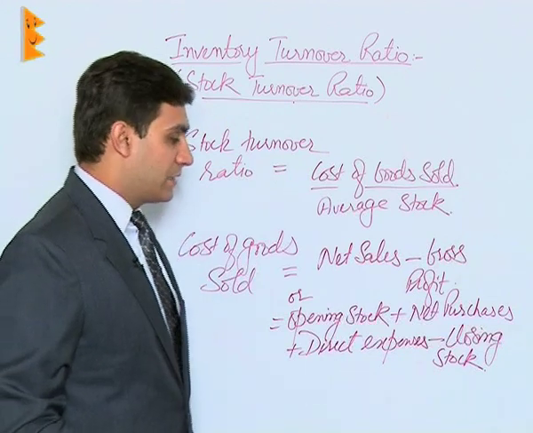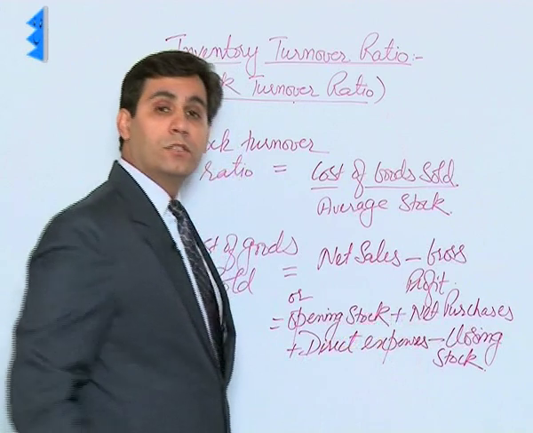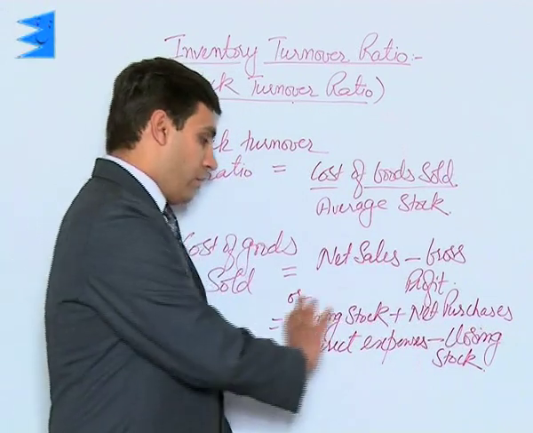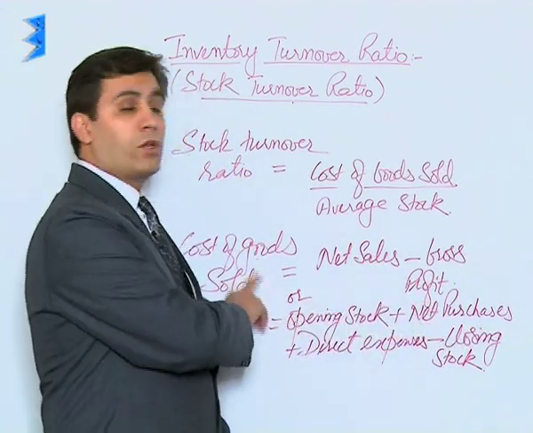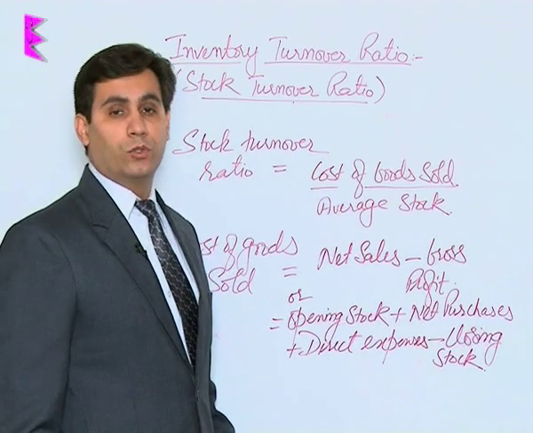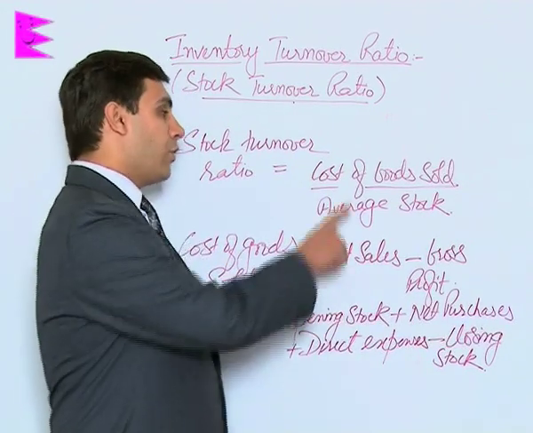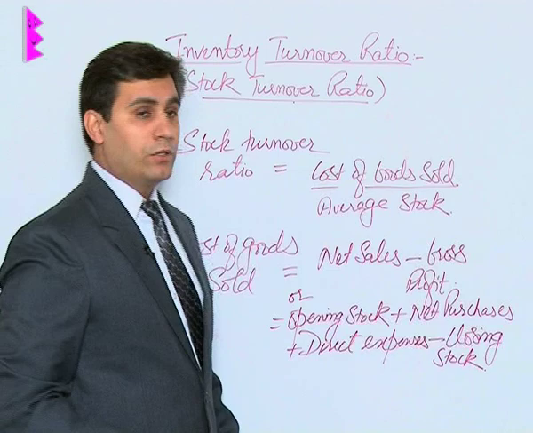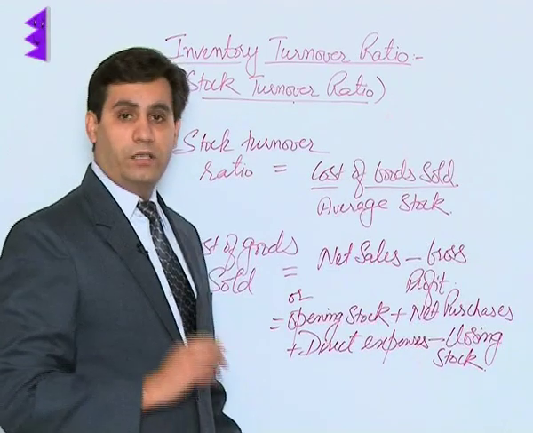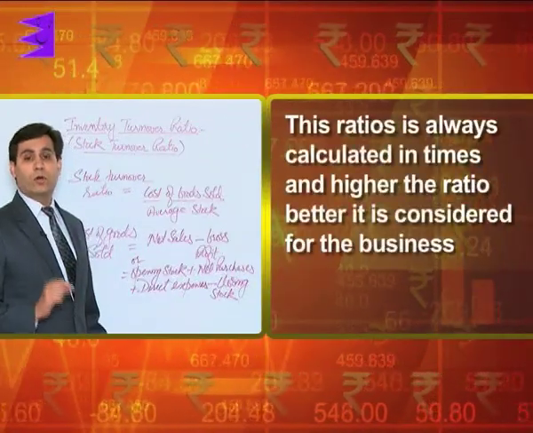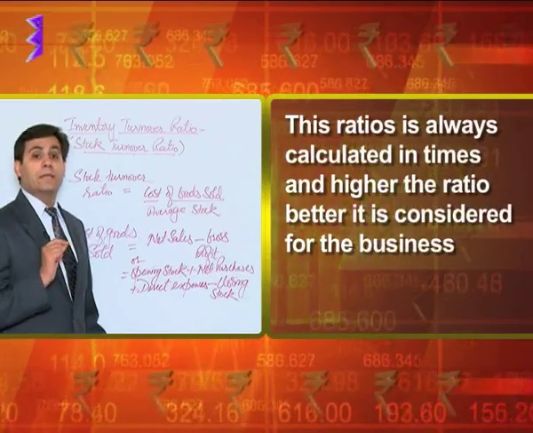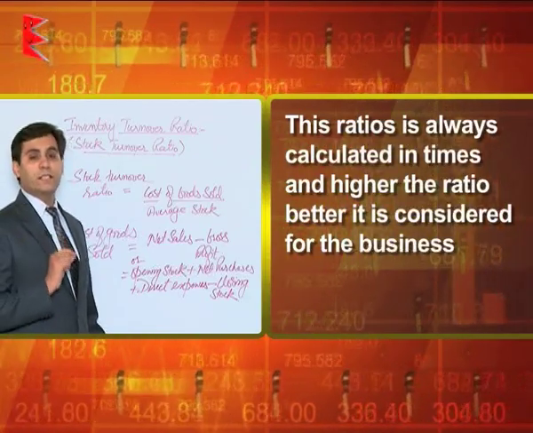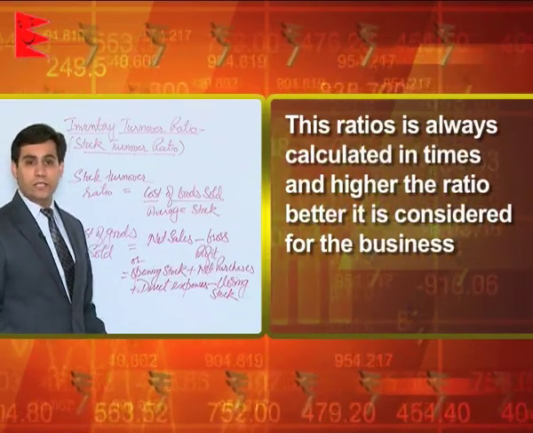So add direct expenses, and from this total we will deduct closing stock. After this calculation we will get cost of goods sold. Once we have got both the components, you can divide them to get stock turnover ratio. Remember, this ratio is always expressed in times, and higher the ratio, the better it is considered for the business.